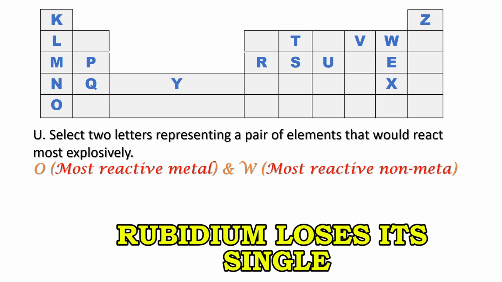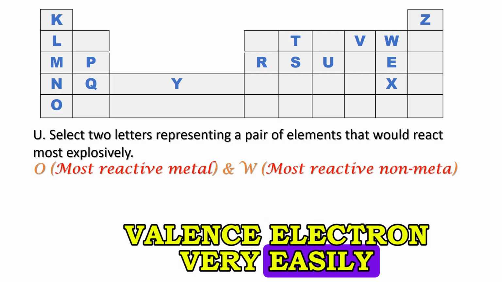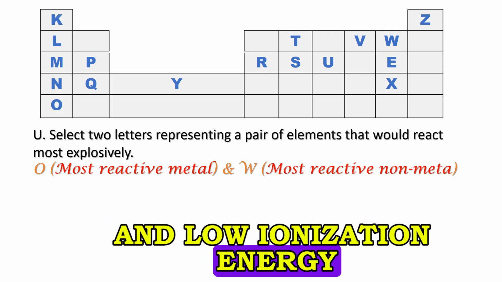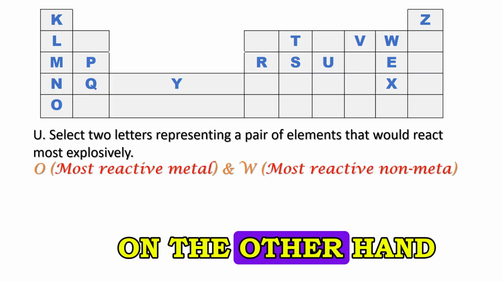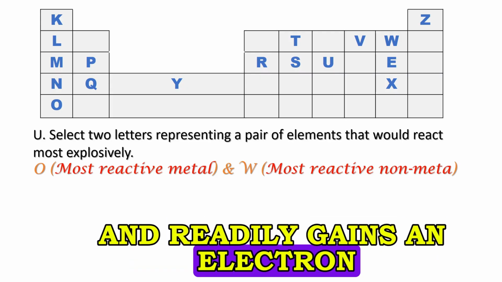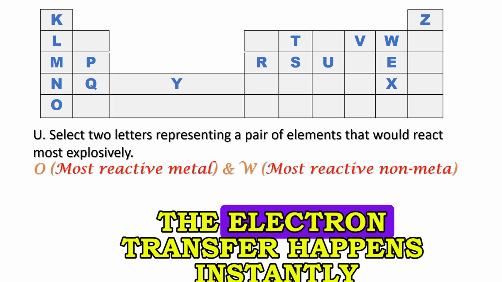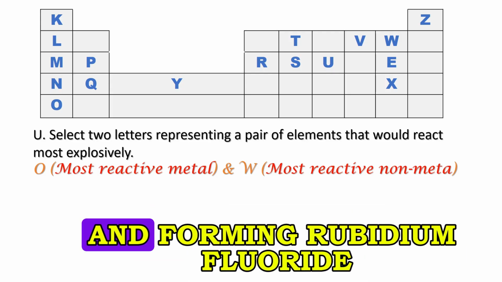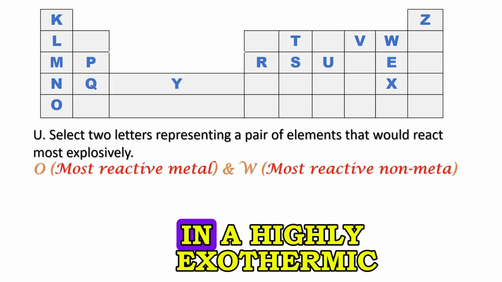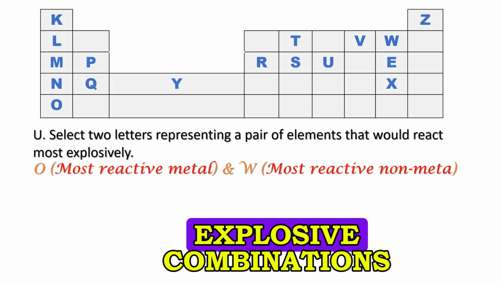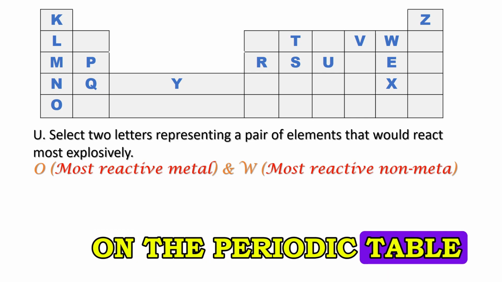Rubidium loses its single valence electron very easily because of its large atomic radius and low ionization energy. Fluorine, on the other hand, is extremely electronegative and readily gains an electron. When these two meet, the electron transfer happens instantly, releasing a huge amount of energy and forming rubidium fluoride in a highly exothermic reaction, one of the most explosive combinations on the periodic table.